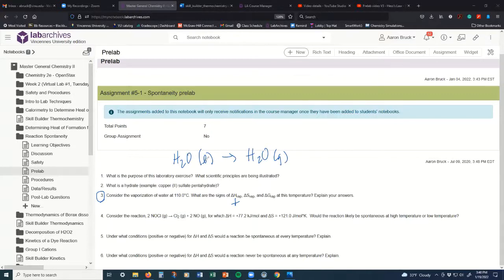As far as entropy goes, we have our equation, and we can see from this equation, we're going from a more ordered state as a liquid to a less ordered state as a gas. So our entropy of vaporization should be positive as well. So now we've got a positive enthalpy and a positive entropy.